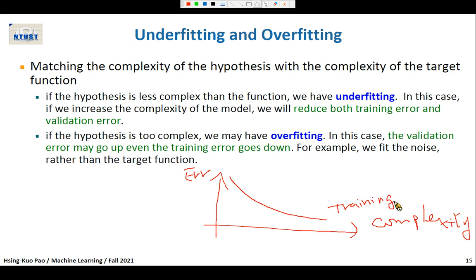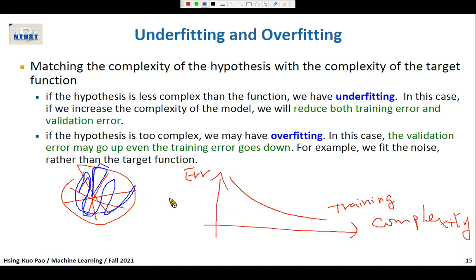If you still remember the tenfold cross-validation, this part is the training error. We used 9 out of 10 to build a model, then predict this part of the blue area, and that's the training error. Then this part is the validation error.